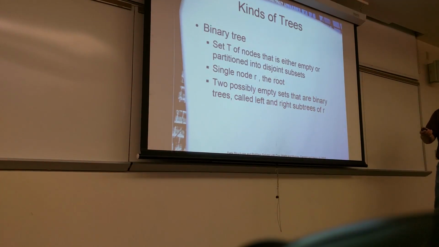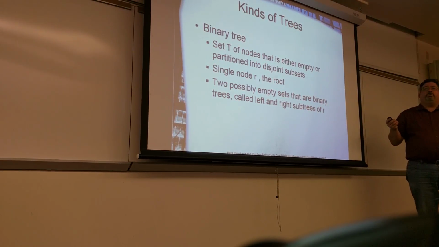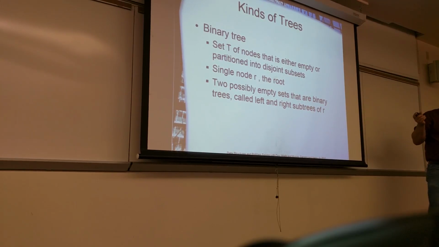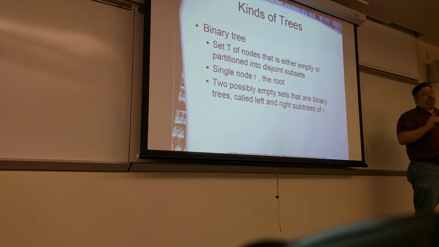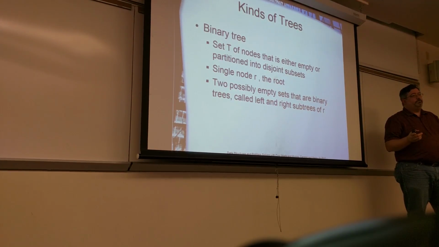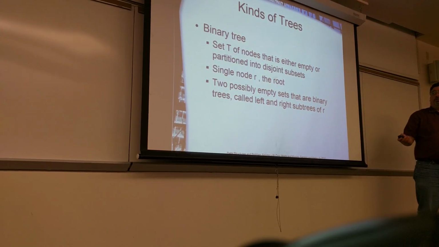So a binary tree would be a two-ary tree. A binary tree is then a set T of nodes with at most two children. Generally, we call those children the left and the right, and it should be obvious which is which. So you have the left and the right subtrees.